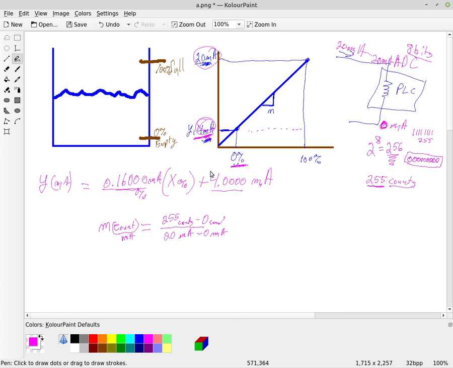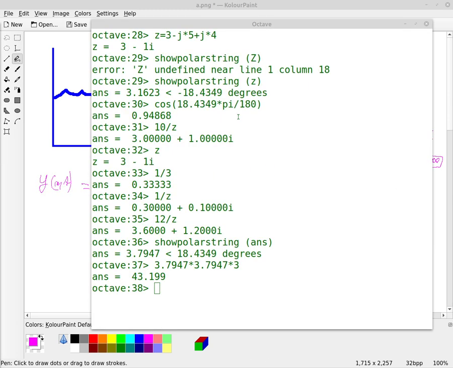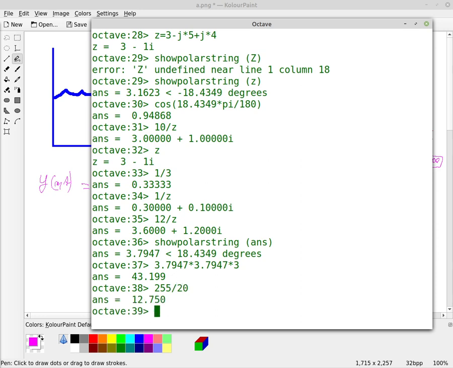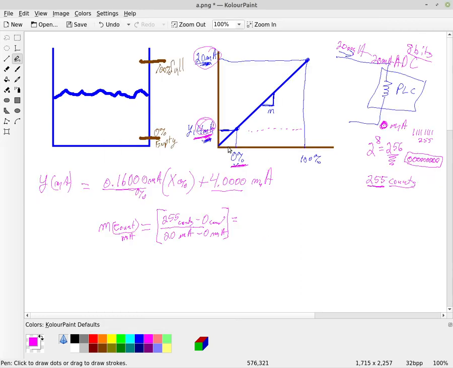Okay, because this is actually what the card is reading. The card is reading from 0 milliamperes, not 4 milliamperes, okay? And so that gives us 255 divided by 20, which gives us 12.750.